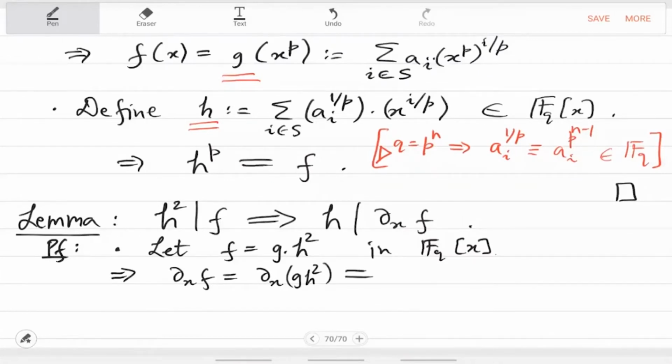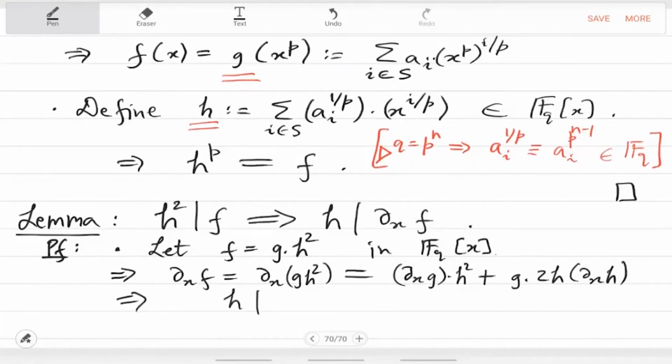There is the derivative product rule, right? So you first differentiate g, and then you differentiate h square. And you see that h divides this. So that's it. This is just the product rule of derivative.